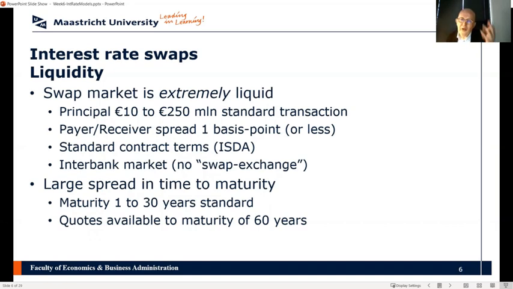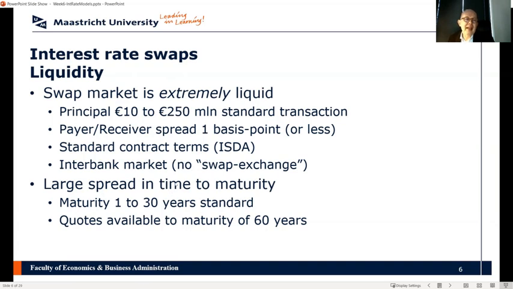The reason this market is not so well known, people don't talk about this on the news, so to speak, is that there is no exchange where swaps are being traded. This is a completely interbank market that happens between brokers and Bloomberg screens. And the liquidity is also visible in the enormous range of maturities.